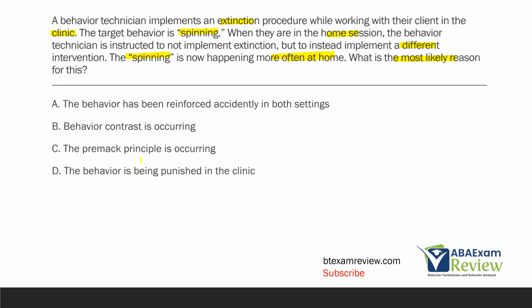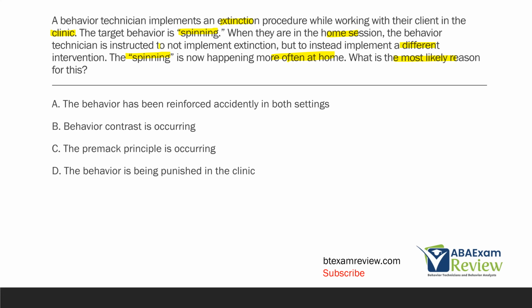What about C, the PREMAC principle? Well, the PREMAC principle just says you're using the opportunity to engage in a preferred response as reinforcement. We're not implementing the PREMAC principle here. We're not discussing reinforcement procedures. C is out. D, the behavior is being punished in the clinic.